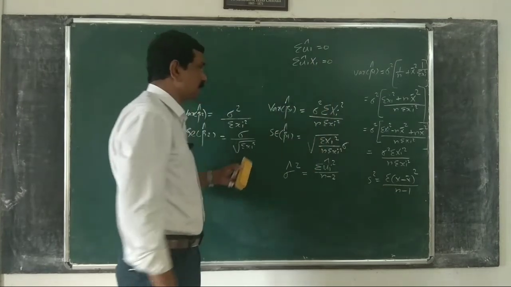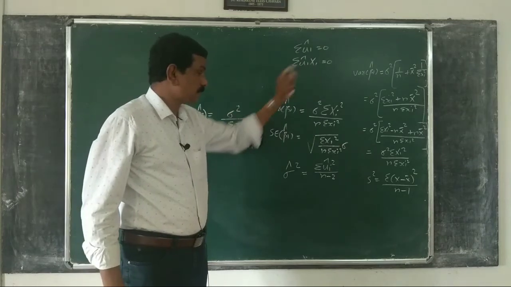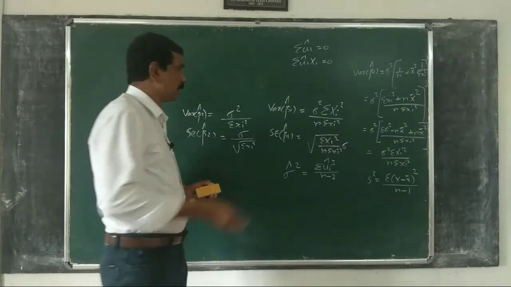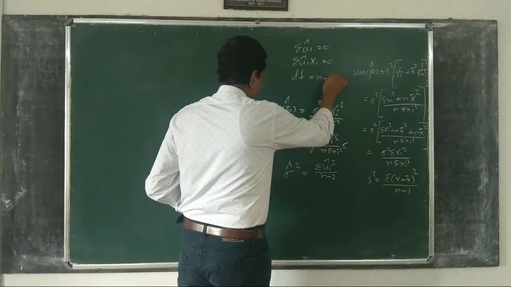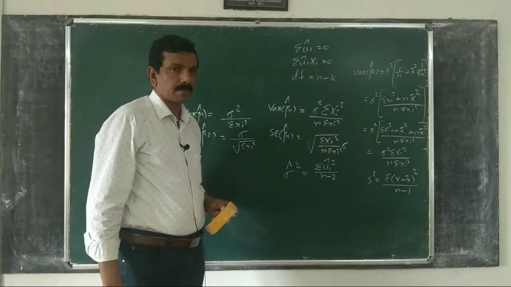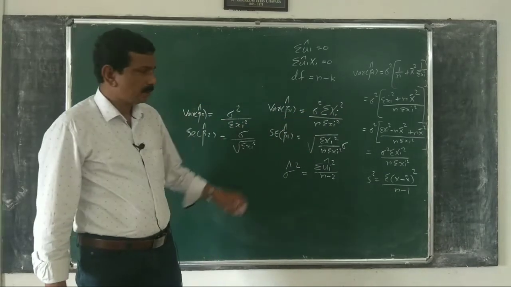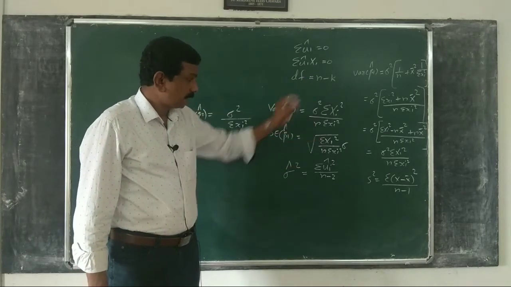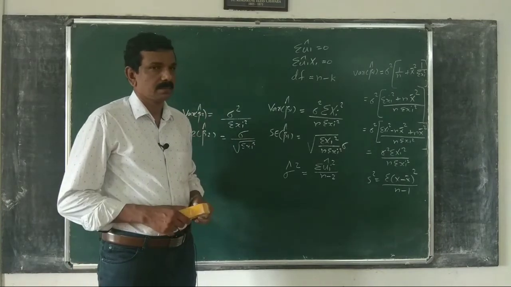These are the two restrictions imposed on the data. So we have n minus 2 degrees of freedom. As I told you earlier, the degrees of freedom is in general n minus the number of parameters estimated, n minus k. And also remember this, degrees of freedom is an adjustment to make an estimator unbiased.